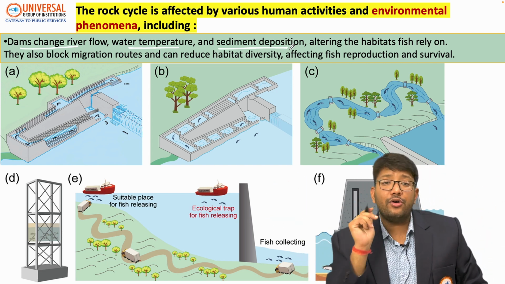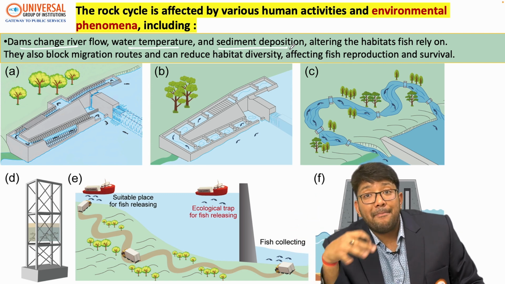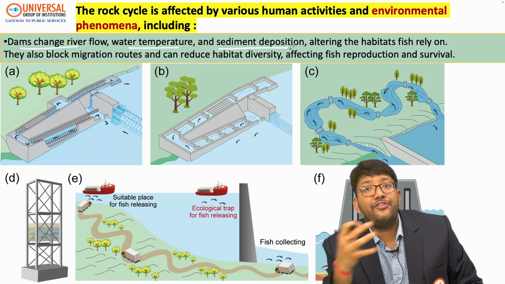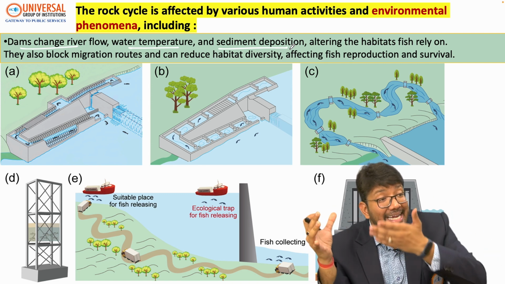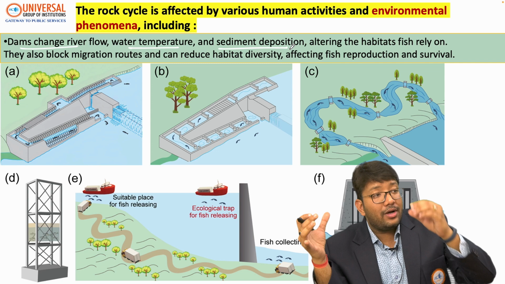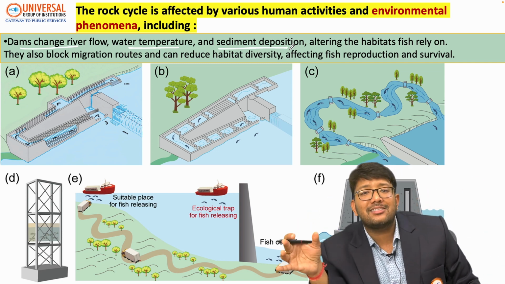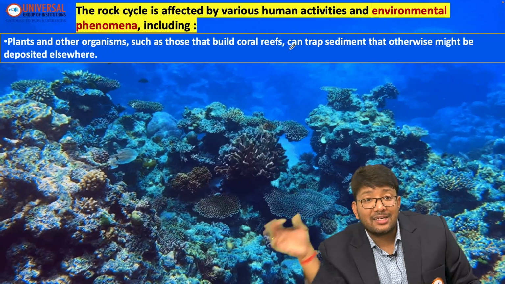Because of all these changes, the habitat of fish is affected, because some fish need constant water flow and the water temperature should not increase. The best example is coral reefs. These are coral reefs.